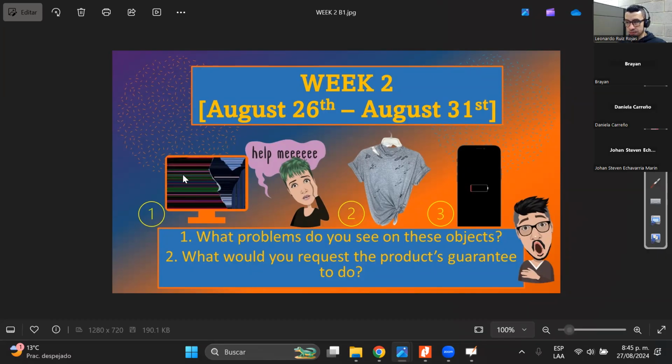The monitor is damaged. The screen is cracked. The screen keeps flickering, for example, right? So what do you think that it needs? What does it need? It need to be changed.